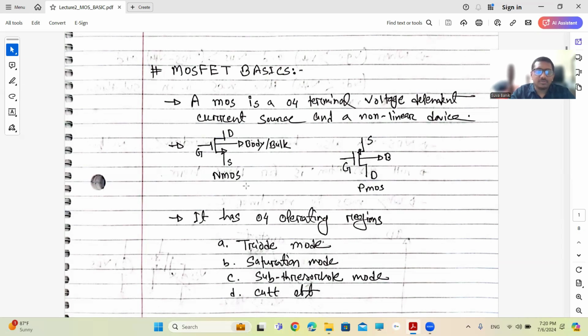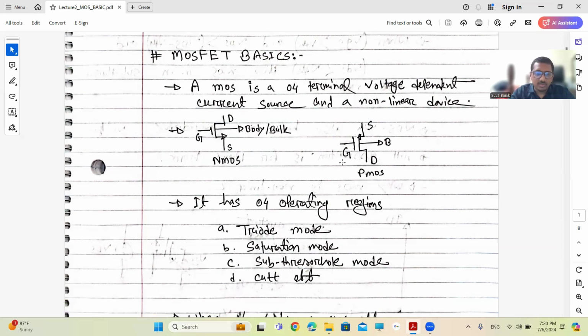Whatever is true for NMOS, if you just add a negative sign for PMOS, it will be accurate, or we can consider the absolute value. Then it doesn't matter whether it is negative or positive, NMOS or PMOS, whatever I discuss is the same for everything. So here I will consider an NMOS and discuss some important points.